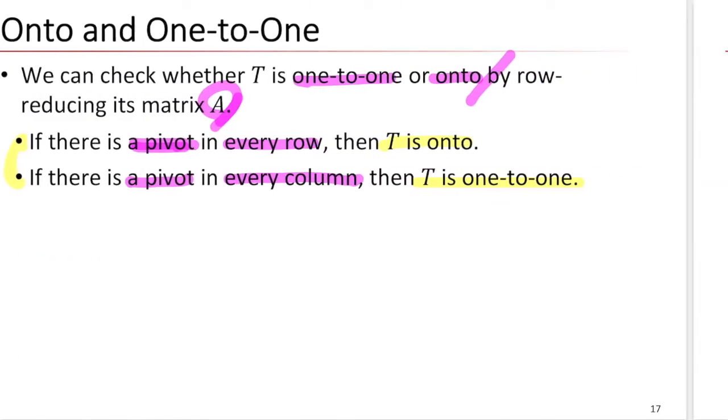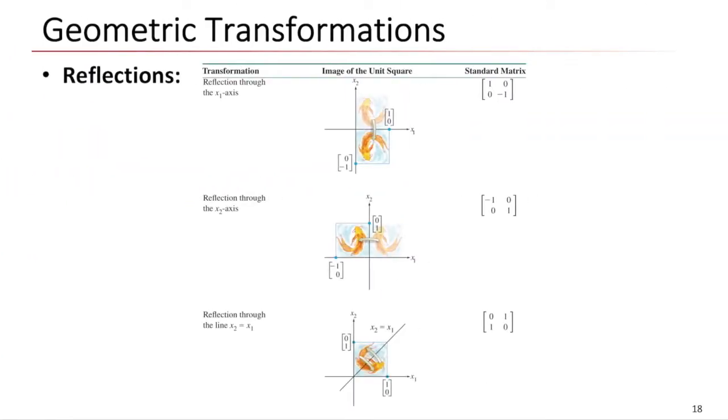Okay, so that is the definition. From now on, we will talk about geometric transformations. Actually, a geometric transformation is just some particular transformation set that has some geometrical property. So you don't need to remember every single geometric transformation.